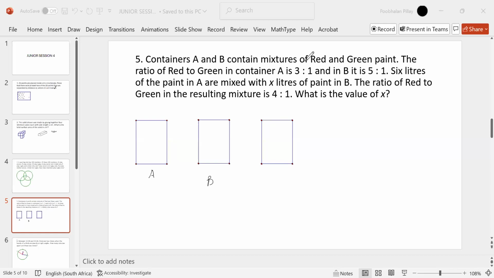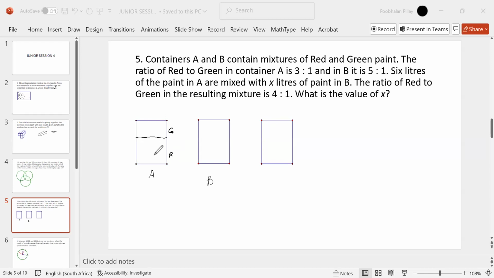What happens to A now? The ratio of red to green in container A is 3:1. Suppose this is red and this is green, that means if I got 3 liters here, then I got 1 liter there.